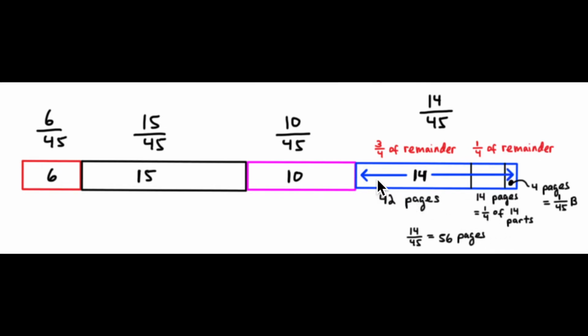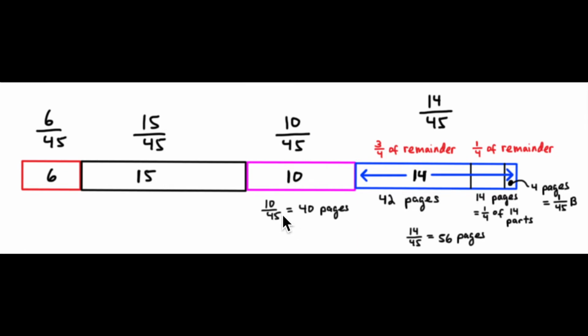So if I have 14 equal parts, and I know that those 14 parts are equal to 56 pages in this case, then one of those parts, or 1/45, is that 56 pages divided by 14. You divide the 56 pages up into 14 equal parts. One of those parts, which is 1/45, is equal to 4 pages. And once I know that 1/45 is 4 pages, I can calculate the rest of these parts.